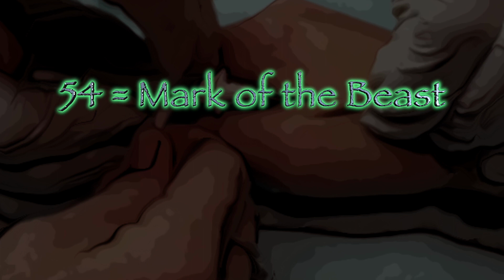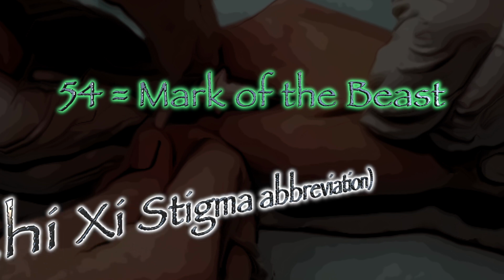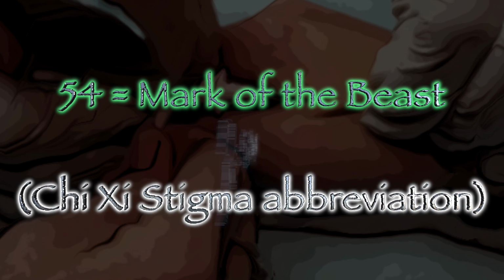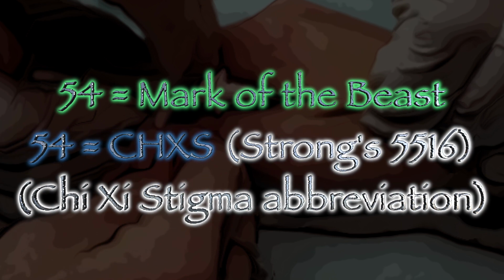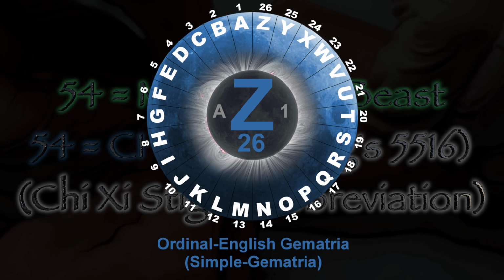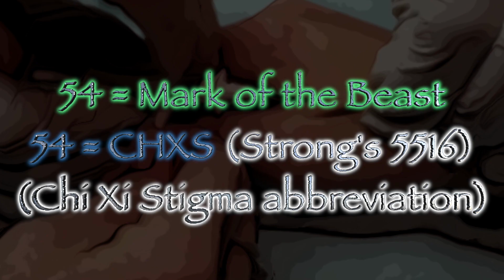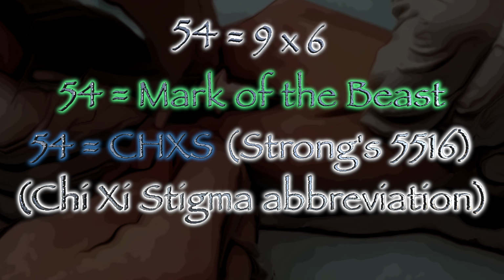This is the same value for the letters used to abbreviate chi, xi and stigma, that is CHXS. Using ordinal English Gematria, CHXS equals 54. It should be noted that the number 54 has the factors 9 times 6.